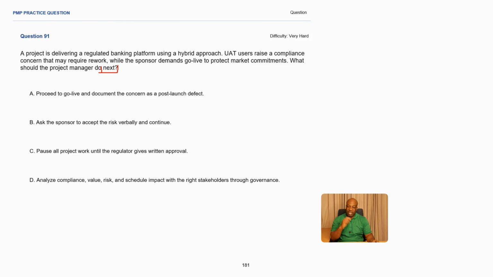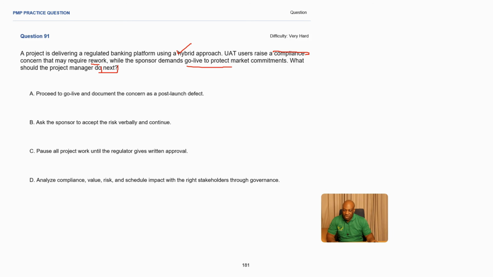In most cases, you need to evaluate and analyze. So what is our problem statement here? The first statement is just additional information. They're using hybrid, but users are raising compliance issues. This is the problem, that may require rework, and the sponsor is asking to protect the go-live and market commitments.